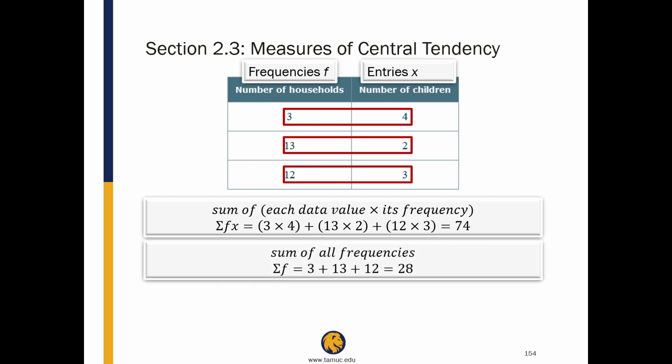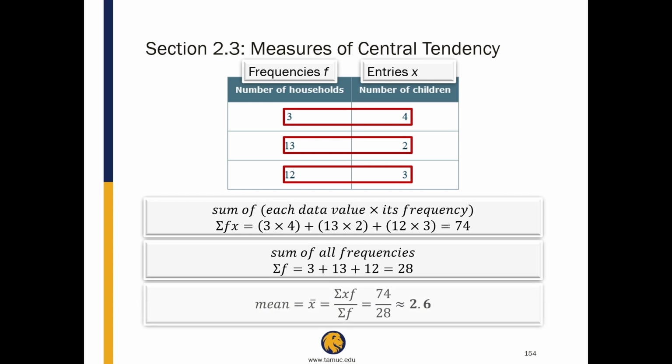And then we have to take the sum of all the frequencies. So the values 3, 13, and 12 get added together for a total of 28. So the mean from our frequency table, x bar, is going to be equal to 74 divided by 28, which is approximately 2.6.